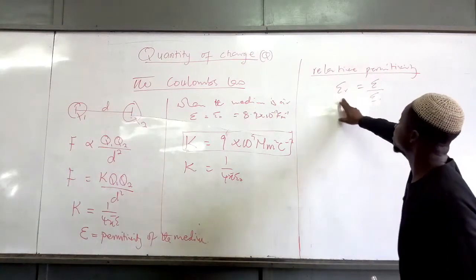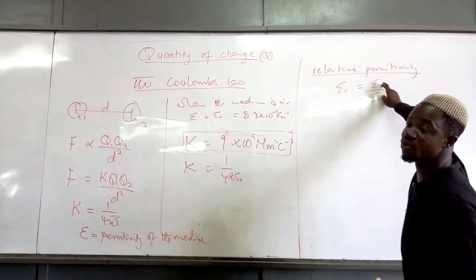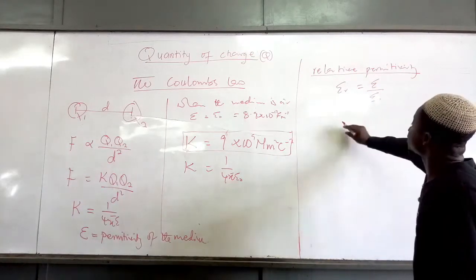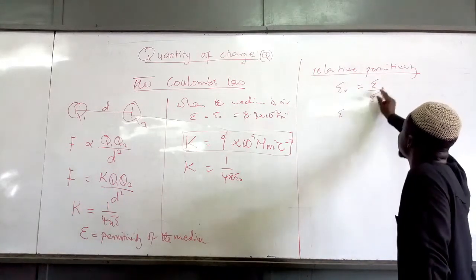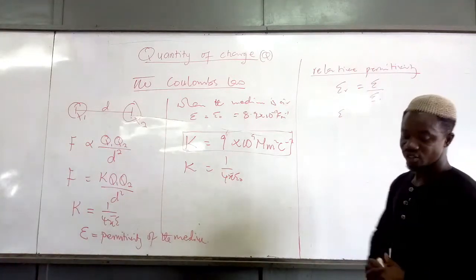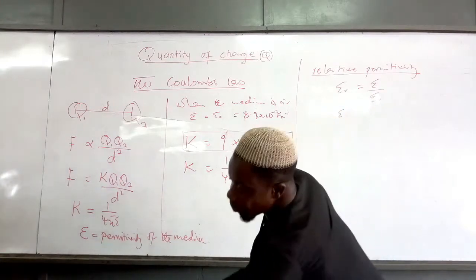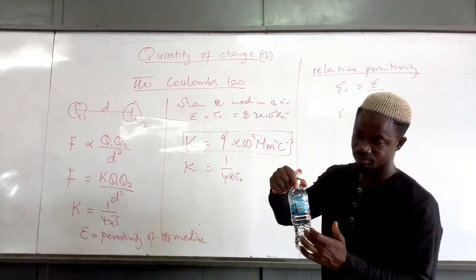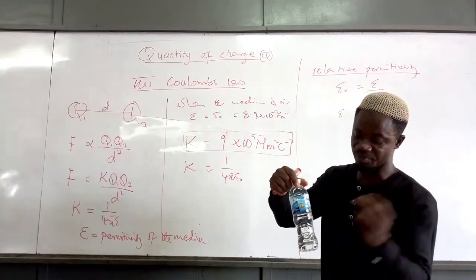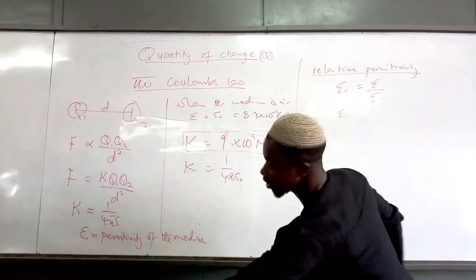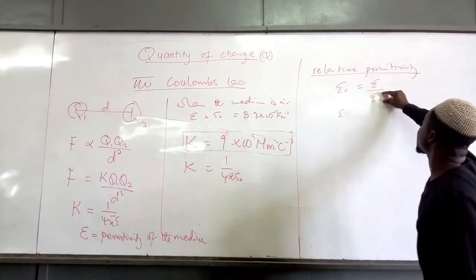So we are talking about the relative permittivity of a particular medium, right? The relative permittivity of a medium is defined as the permittivity of the medium divided by the permittivity of free space.